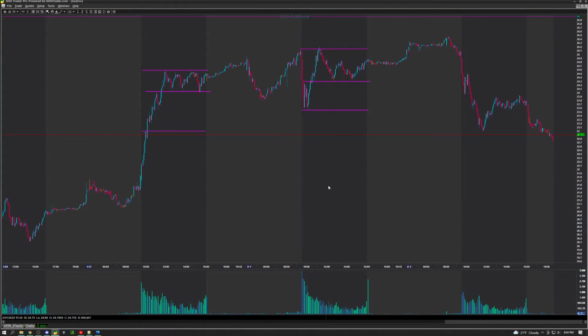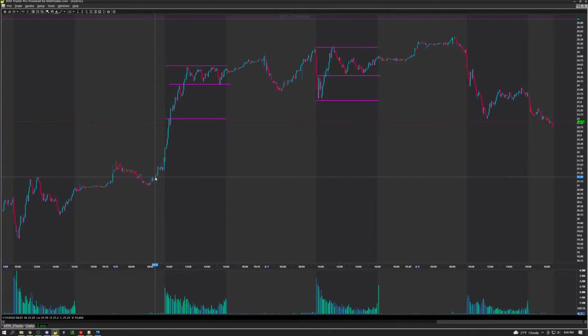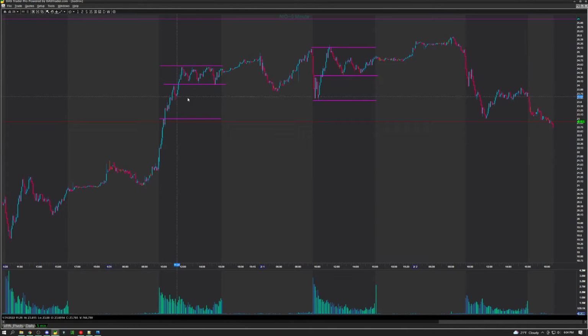So when we go on the 5-minute here, you can see these are the levels created from the last 2 days, and then this is today, and it's pretty cut and dry. On this day, it was moving really well. After that reversal down here, it started to putter out a little bit and find some area of value right here. And then the second day, just moving all around this area.